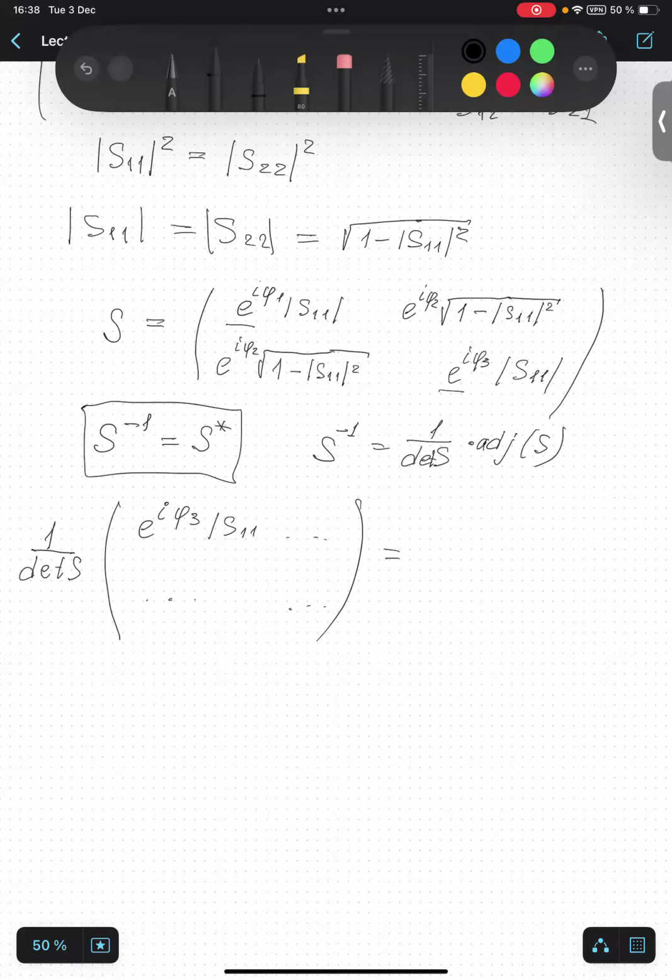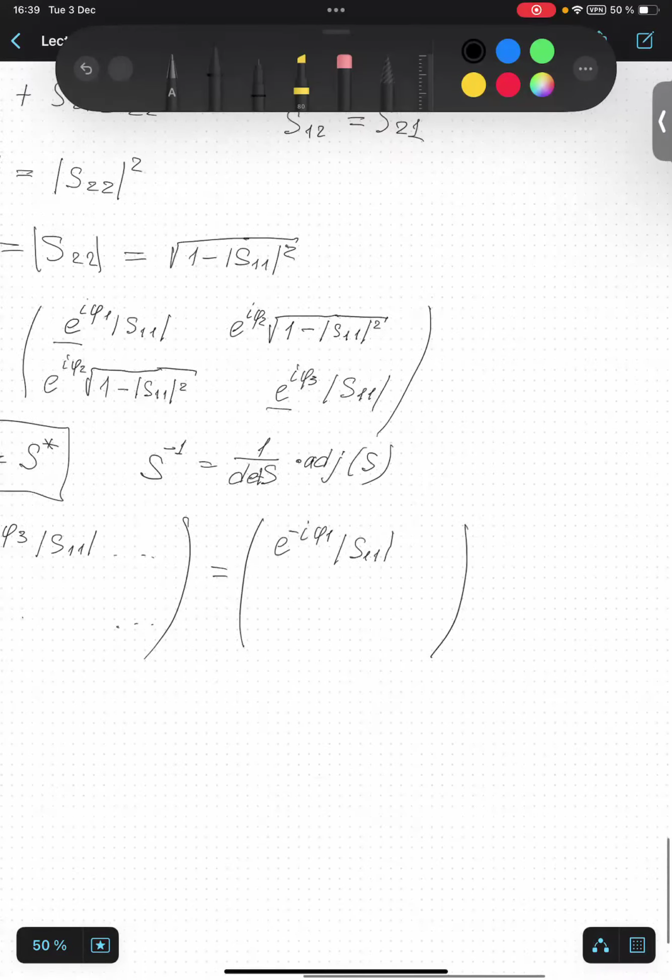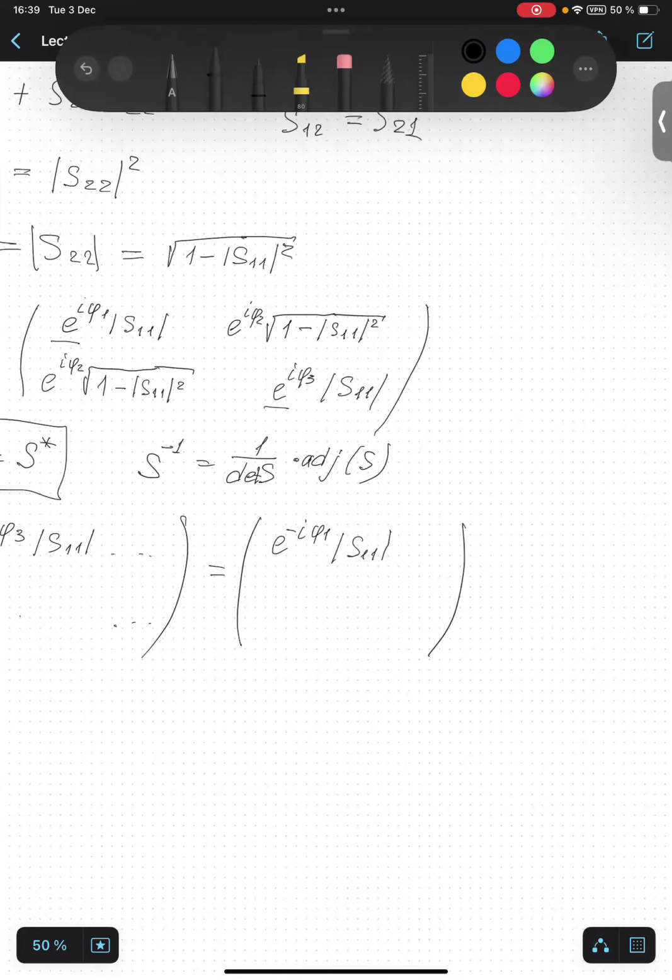From the other hand, what do we have? We have the complex conjugated e^(-i phi1) S11. Excuse me, shouldn't it be the exponent e^(i phi1) in the first matrix? Because you wrote phi3. No, it is the adjugate matrix. Okay. Let me make it clear.